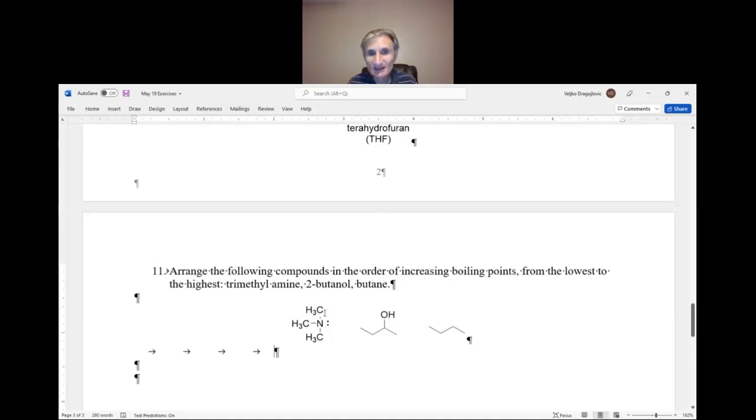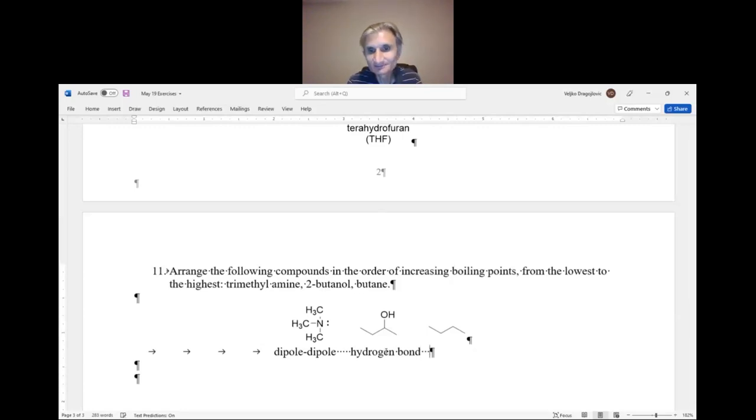So trimethylamine on its own is capable only of dipole-dipole interactions. Trimethylamine with water could form hydrogen bond, see. But in this case, just dipole-dipole. 2-butanol, or any butanol, 1-butanol, 2-butanol, hydrogen bond.